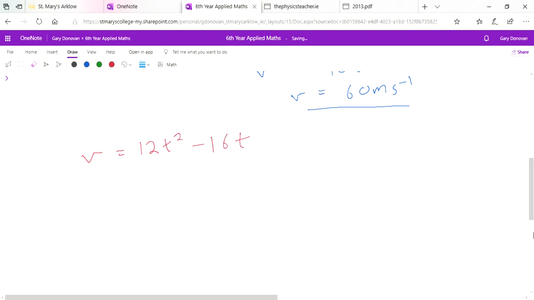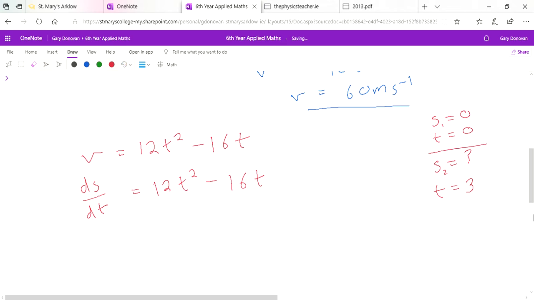How we use this is we know that v is the same as ds/dt equals 12t squared minus 16t, because we're looking for the distance after 3 seconds. This differential provides us with that relationship. We knew the initial distance was 0, the initial time was 0, and we're looking for the final distance when the time is 3.